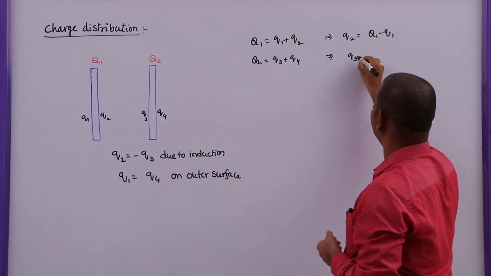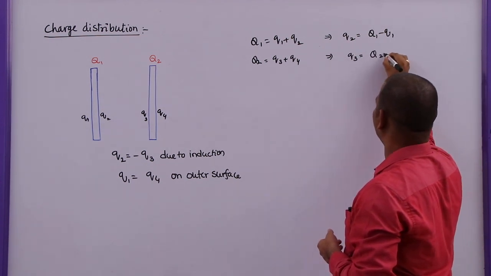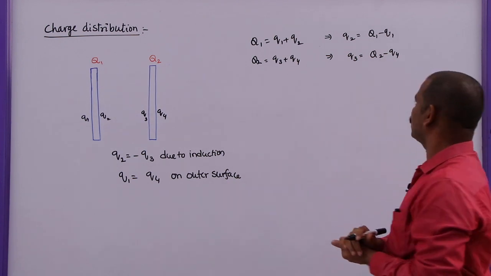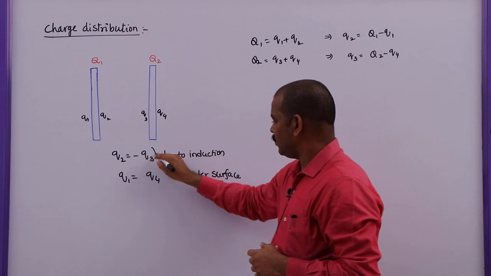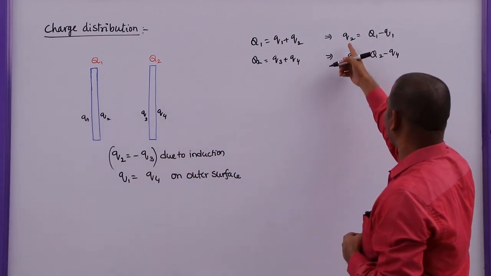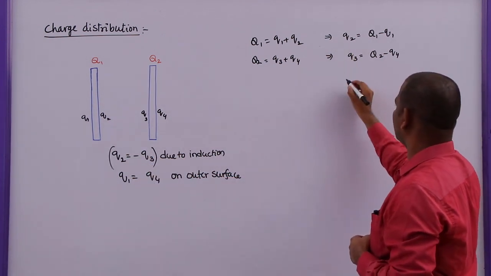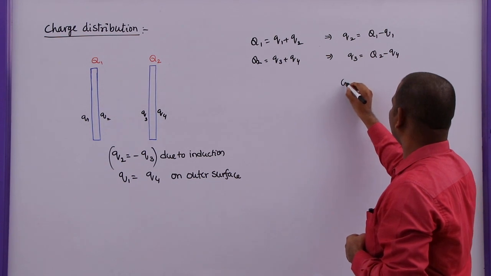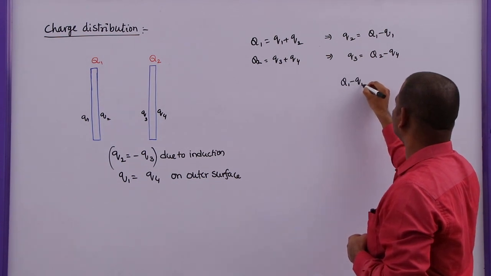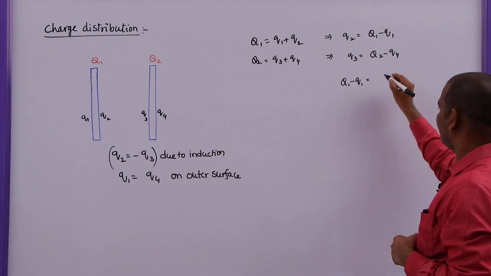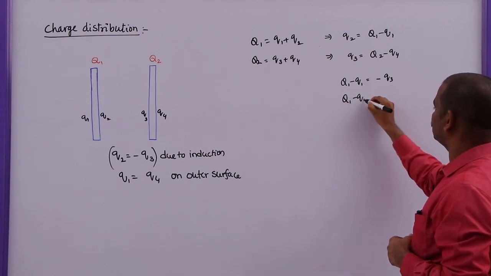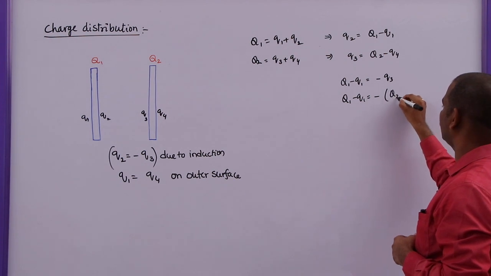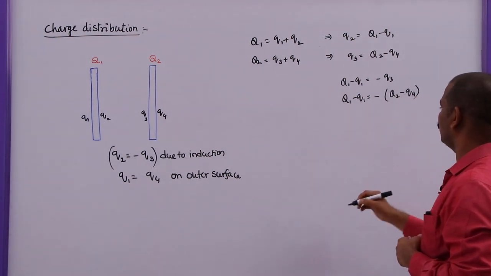Similarly, q3 is equal to Q2 minus q4. But we know that q2 is equal to minus q3. So I got q2 here, I got q3 here. So Q1 minus q1 is equal to minus of q3. This is Q1 minus q1 is equal to minus of Q2 minus q4.